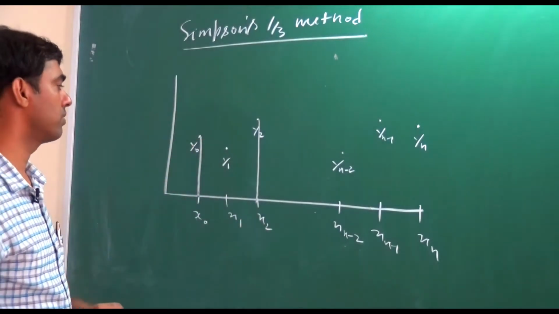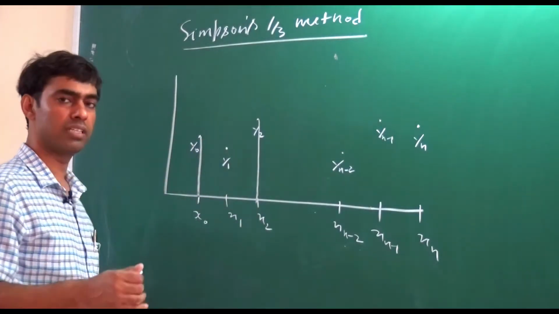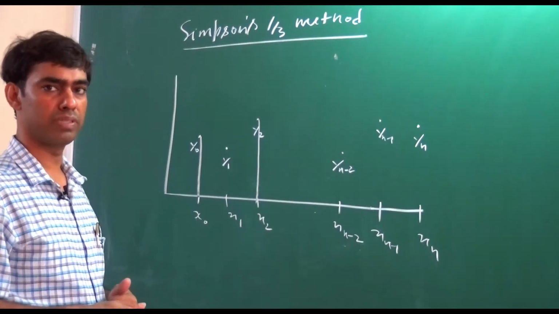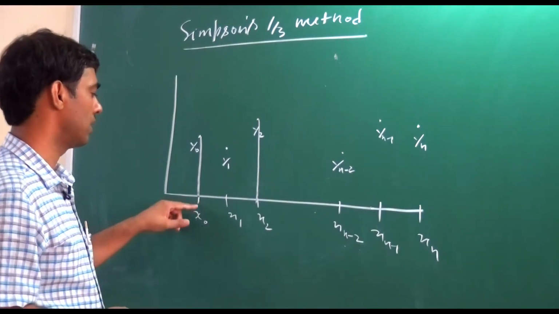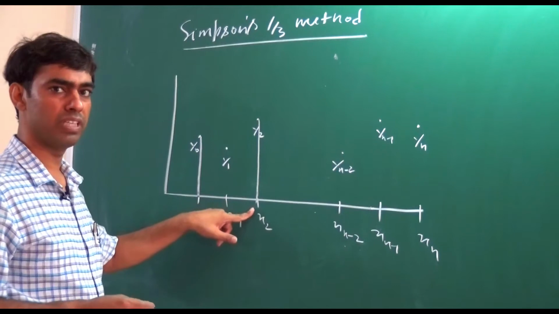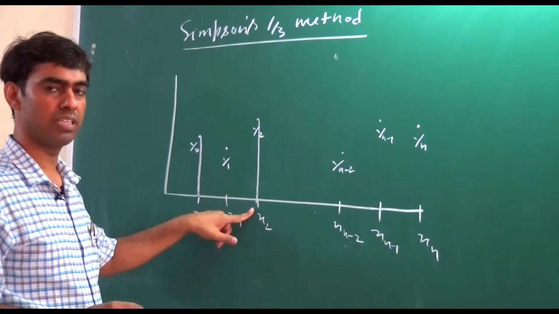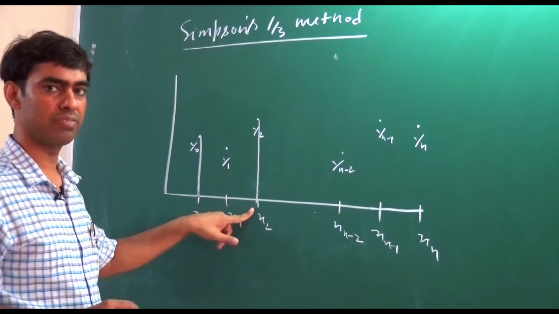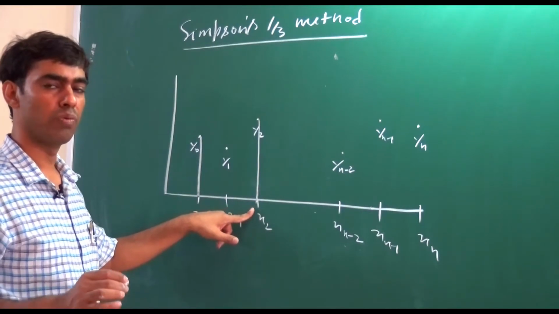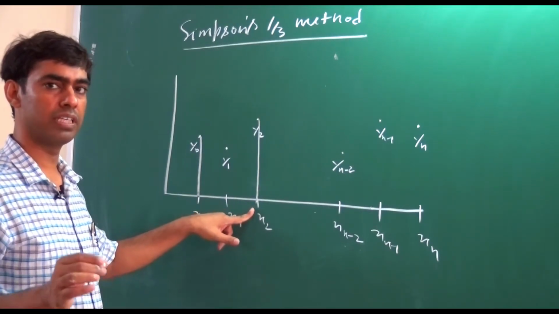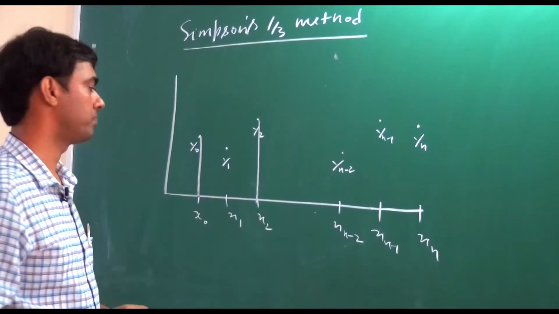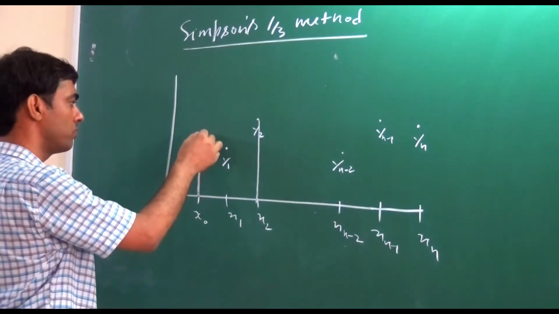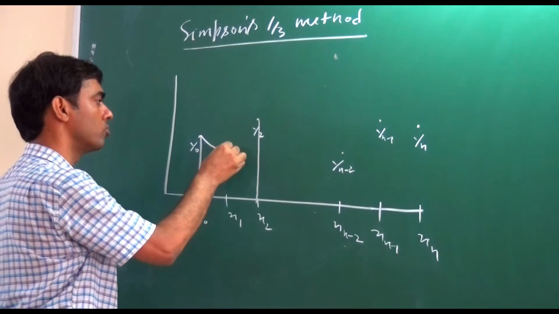The third order difference and fourth order difference onwards become 0. So we are able to fit only a polynomial of degree 2.